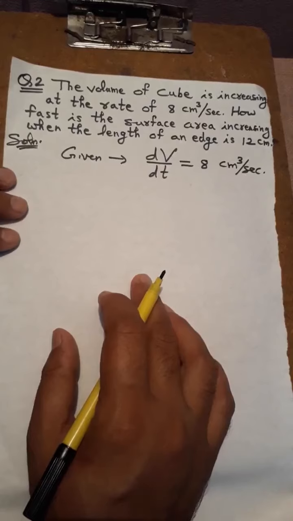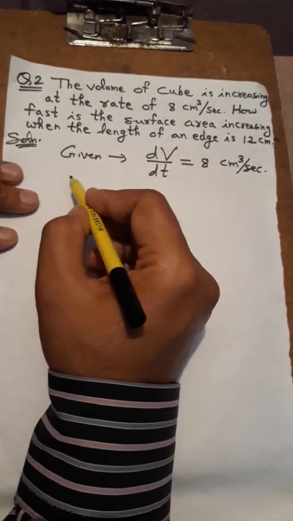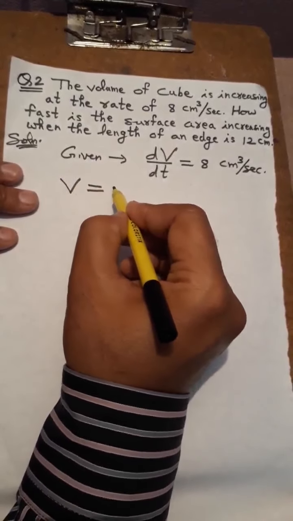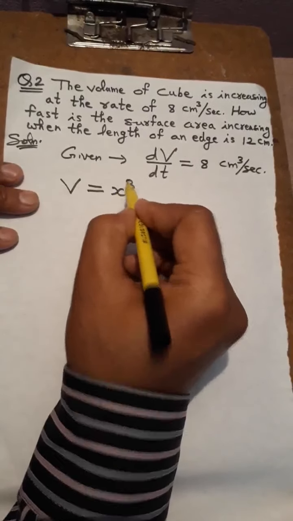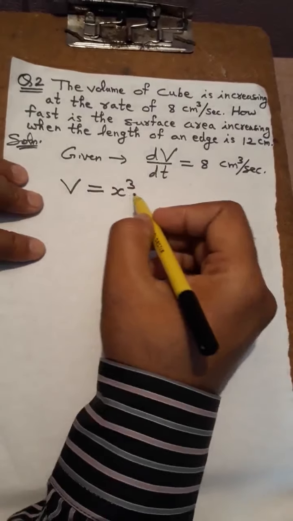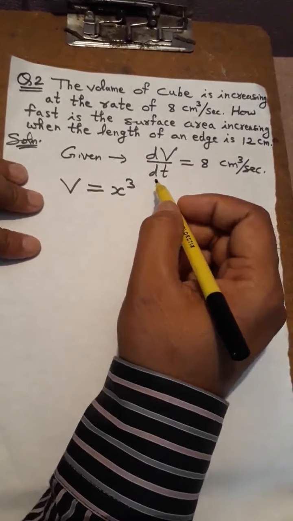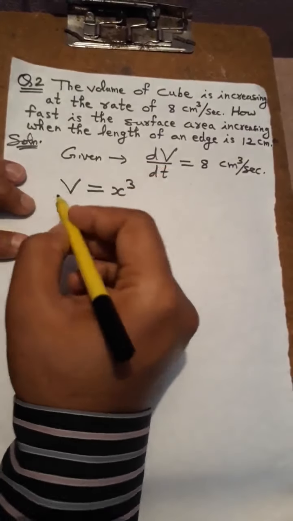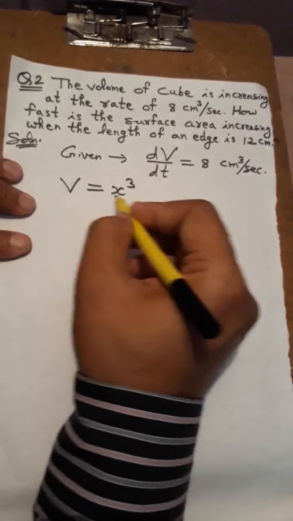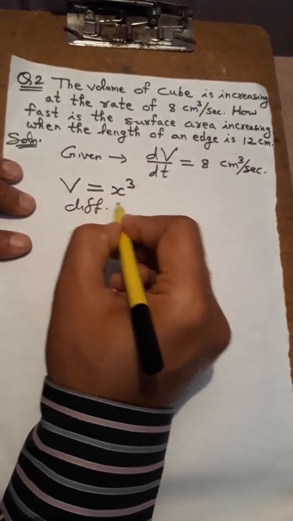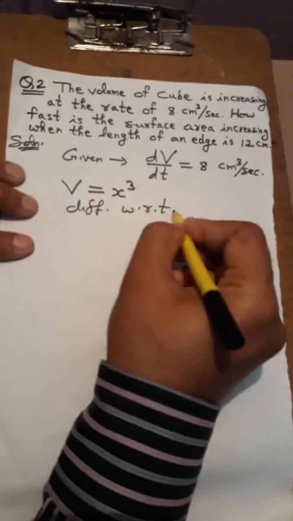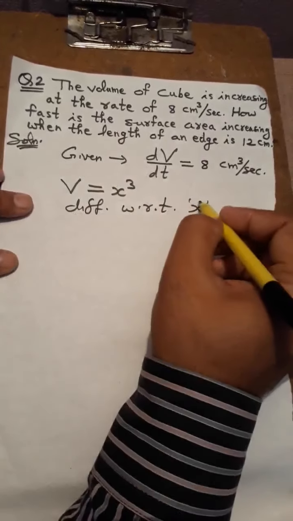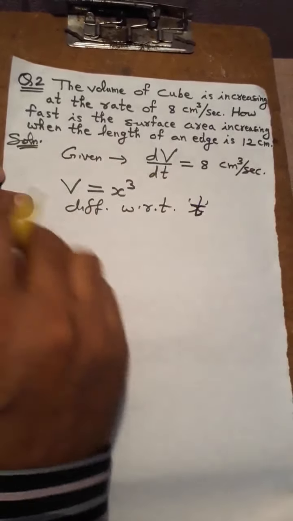Now, as you know, the volume of a cube is x cube, where x is the length of the edge of the cube. So let us differentiate both sides with respect to time t.